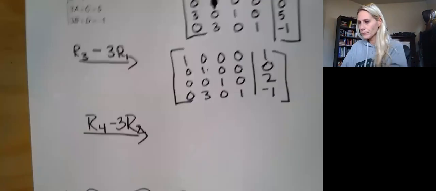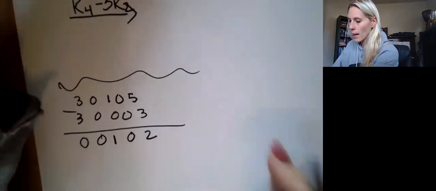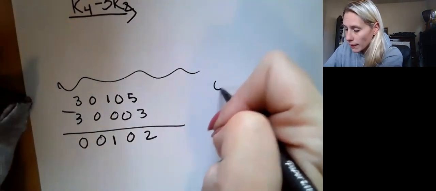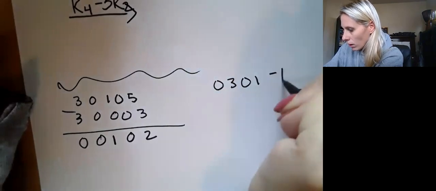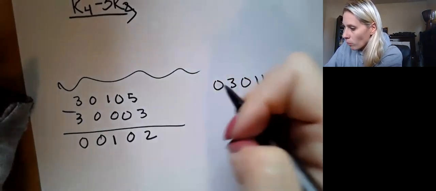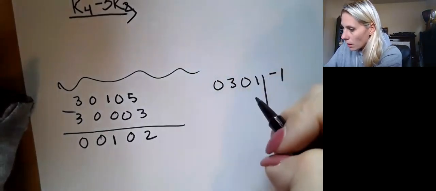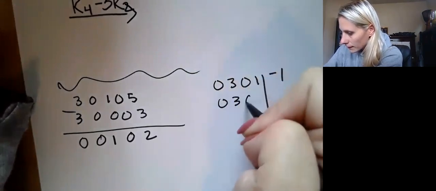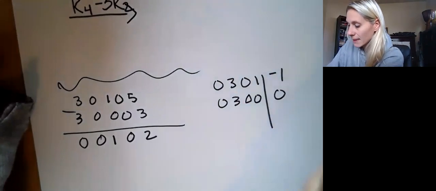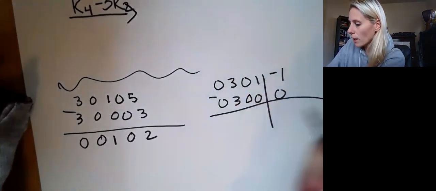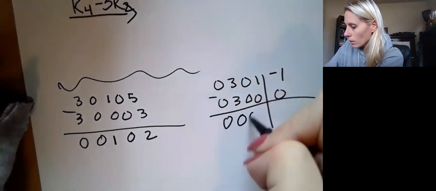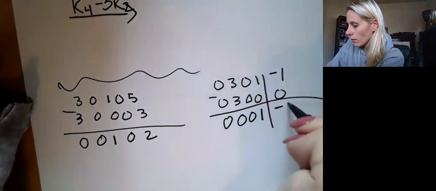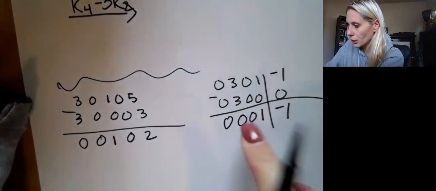Okay? All right, so let's bring that work down here. Row 4 is 0, 3, 0, 1, negative 1. And then we're going to multiply row 2 by 3. So 0, 3, 0, 0, 0. Nice and easy. We're going to subtract them. 0, 0, 0, 1, negative 1. So that is our new row 4.